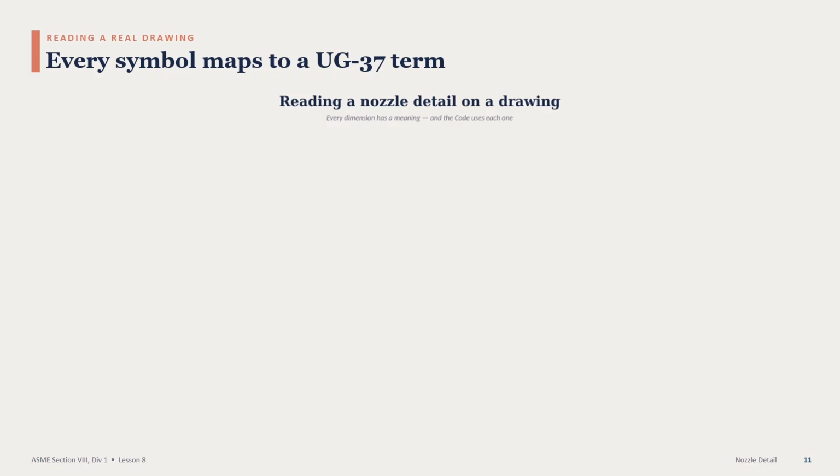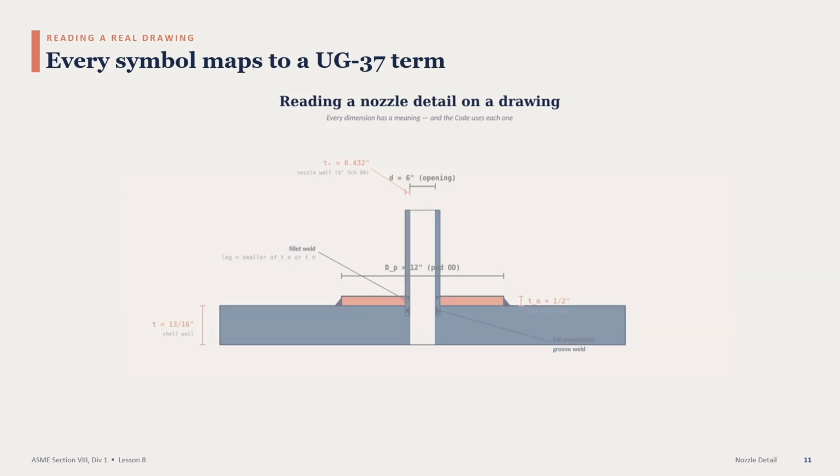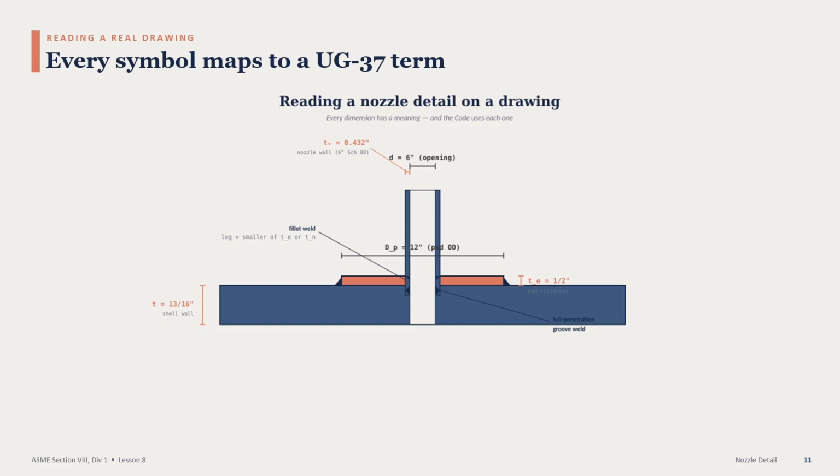Now, let's put a face on the math. Here is what a real nozzle detail looks like on a fabrication drawing. You can see the shell wall along the bottom with its thickness T called out.